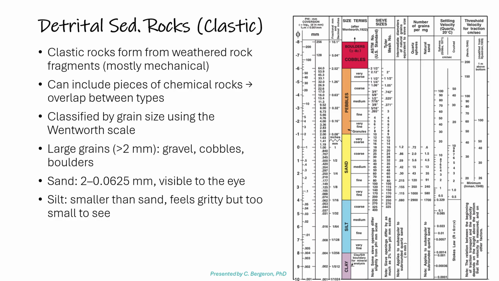So for certain assignments where that was my focus, I wouldn't necessarily worry about where exactly on the Wentworth scale the sediments I came across, or the rock units I came across, lay, right?